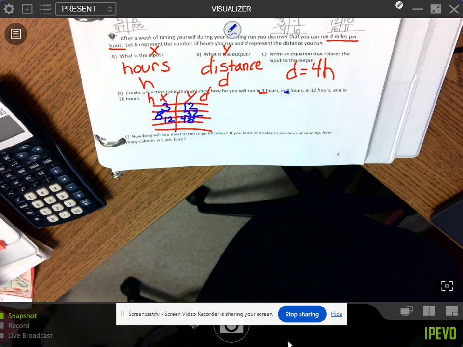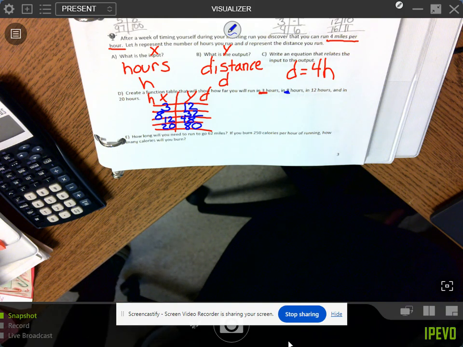And my last input, Grace said, 20. If I run 20 hours, how far am I going to go, Adeza? 80. 4 times 20 is 80.